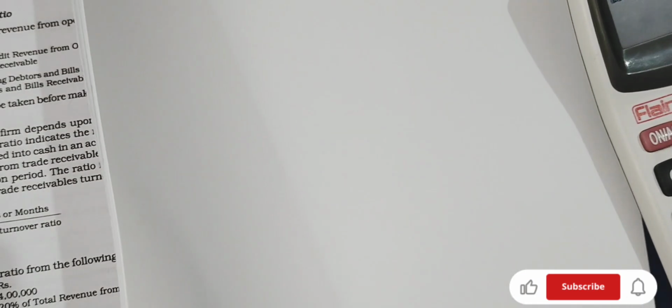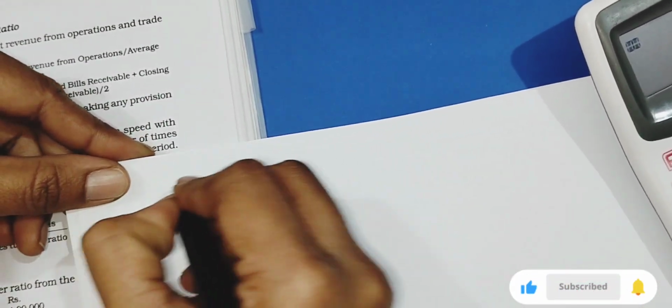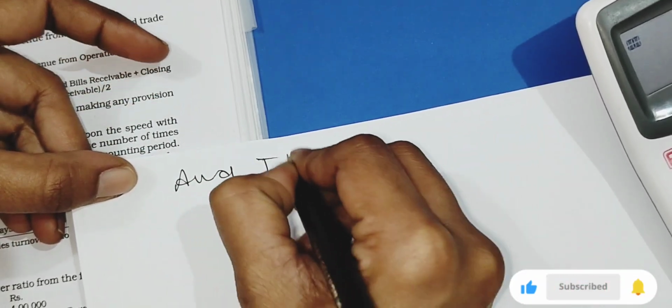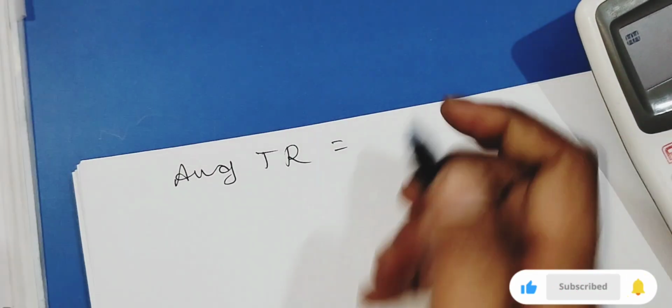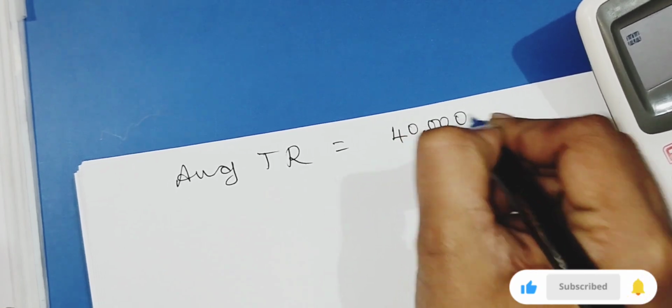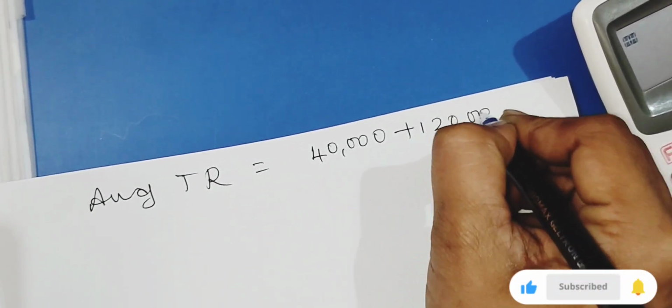Now we need average debtors, right? Average trade receivables. How are we finding average trade receivables? Opening is 40,000. Closing is 1,20,000.